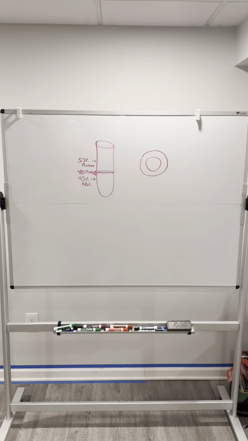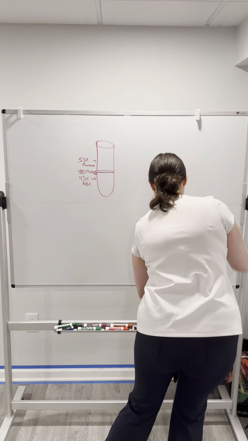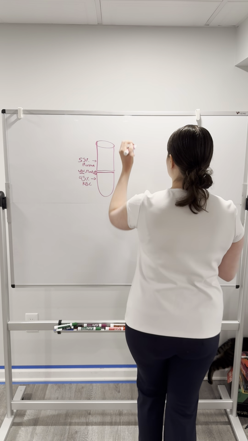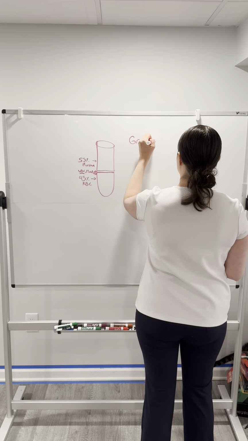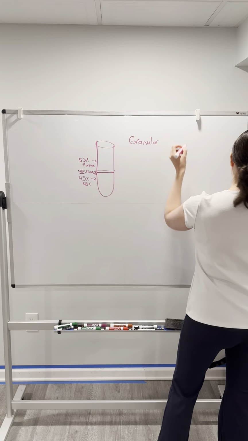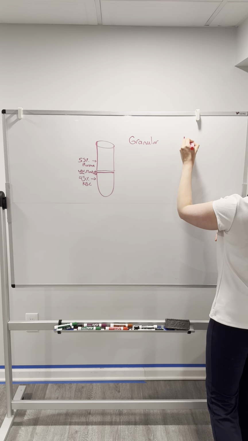Let's write this out and separate it. So granular leukocytes, remember we're talking about white blood cells, and then we have agranular, meaning they don't have granules.